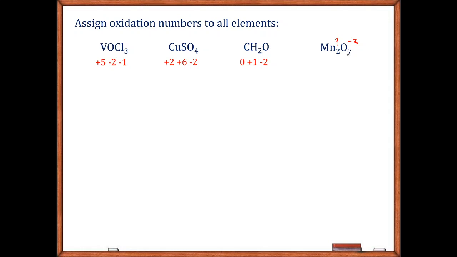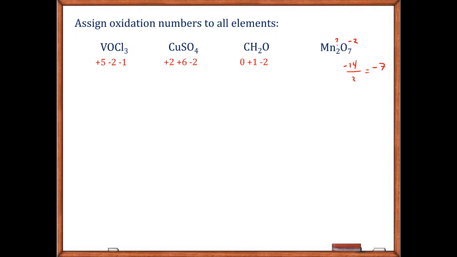So here we have -2 times 7, which gives us -14. Then we have 2 manganese, so we'll have to divide this by 2, which will give us -7, basically. Each of the manganese needs to balance out a -7.